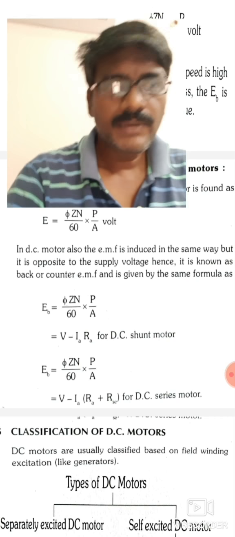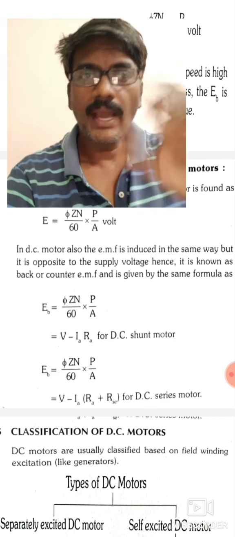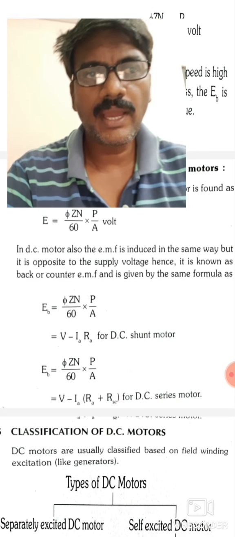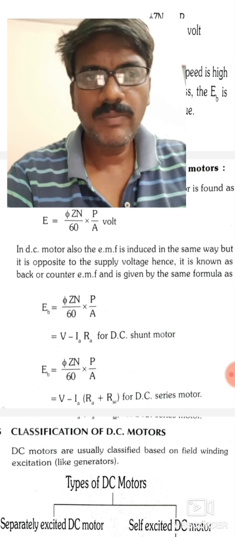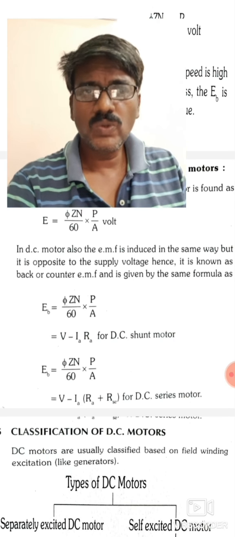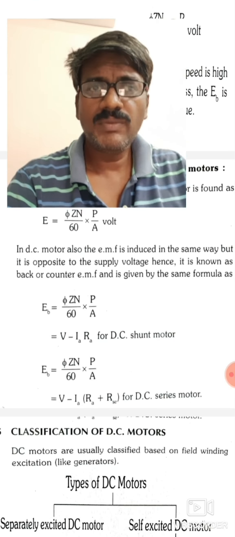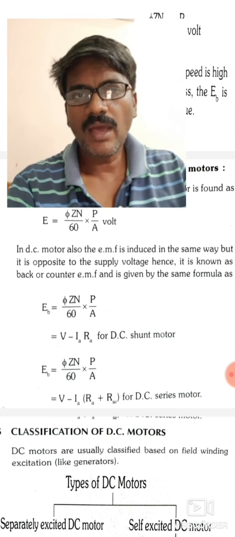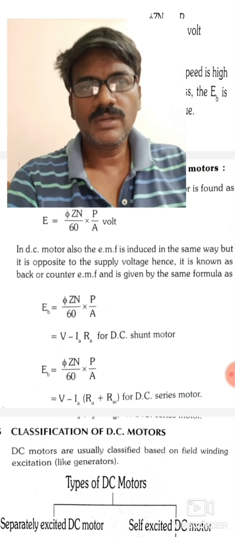At starting, it draws very high current. So armature current is given by V by Ra, and Ra is very small, right?